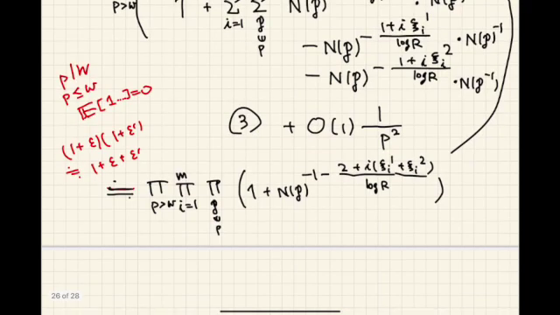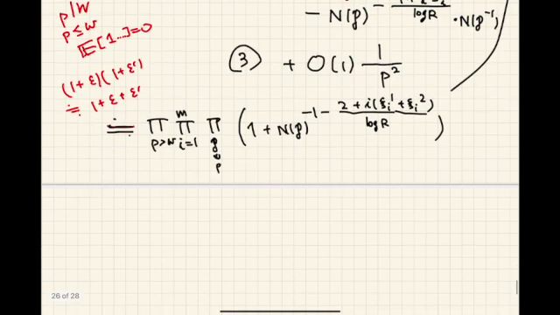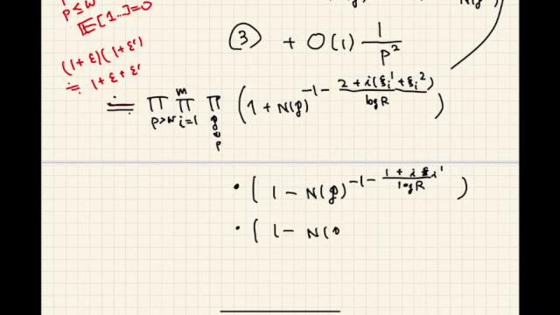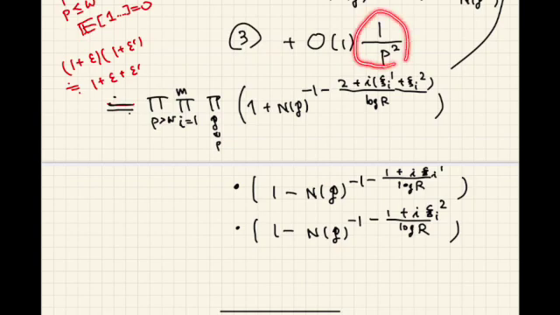And next I write a factor coming from this. And the contribution from 1 over p squared is much smaller, so we can ignore it.